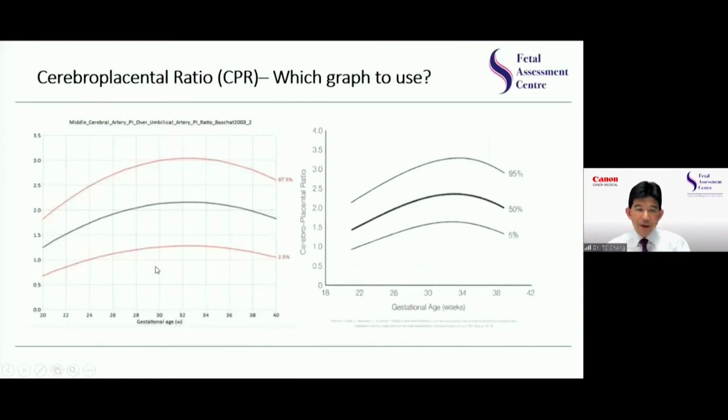Of course, there are subtle differences between these two graphs, albeit granted that this is using the 2.5th centile and this is using the 5th centile, but you can see that even if you imagine the 5th centile for the Bashard chart, the Bashard CPR is actually set a little bit lower than the Ebbing CPR. So again, which graph do you choose?